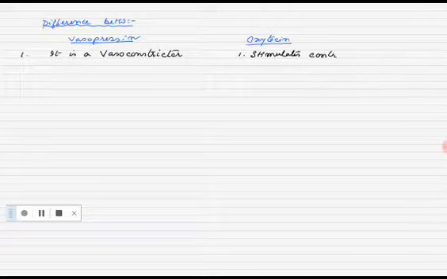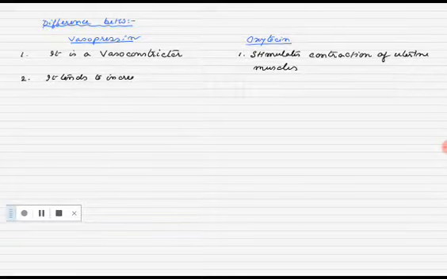And next, vasopressin tends to increase the blood pressure, and oxytocin causes ejection of milk from the mammary glands.